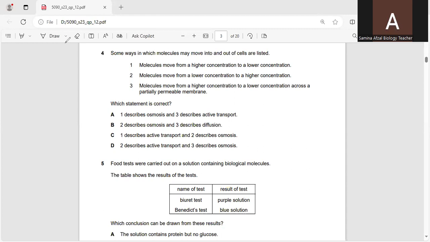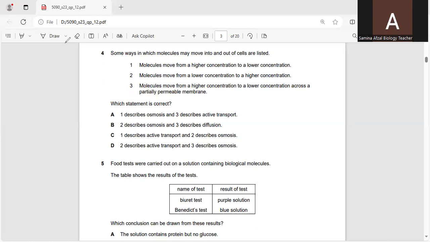Molecules move from a higher concentration to a lower concentration across a partially permeable membrane. It means they have discussed the movement of molecules. In the first statement, molecules move from a higher to a lower concentration, so it can be diffusion. The second statement is molecules move from a lower concentration to a higher concentration. It can be active transport.